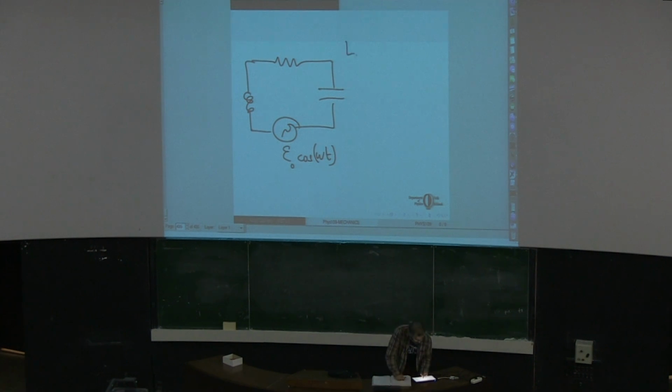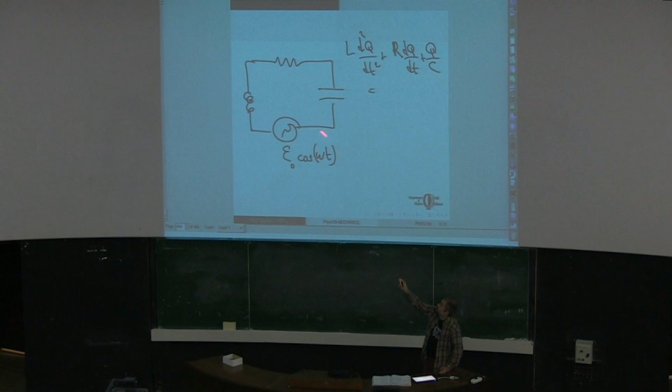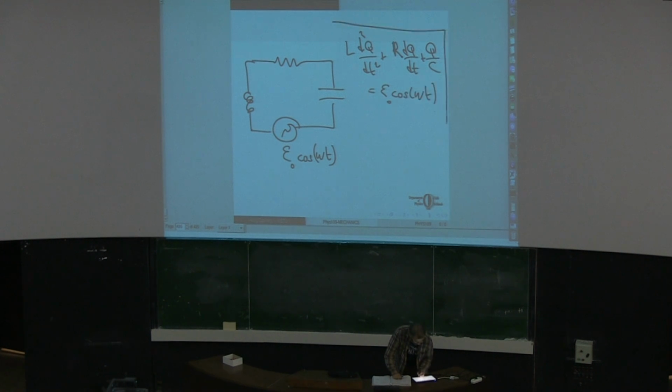If you remember, it's L d squared q by dt squared plus R dq by dt plus q over C. This was equal to 0 without this AC source, but now we have some source which we should add to this equation. This is the equation that we need to solve now.